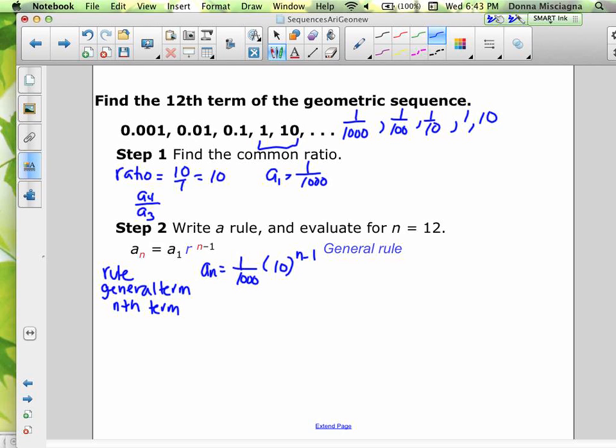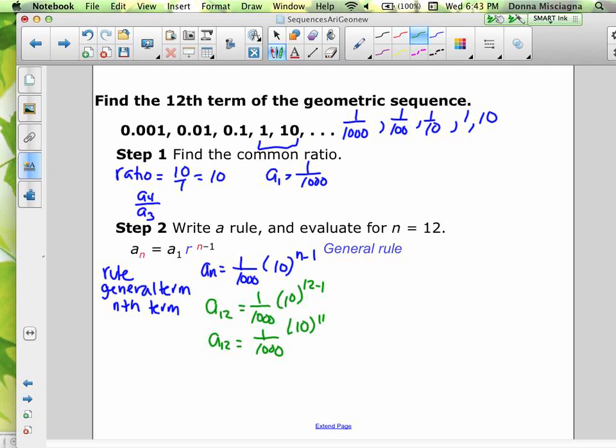So there's our rule. To evaluate, we're just going to plug in 12 for our n. So we have A12 equals 1/1,000 times 10 to the 12 minus 1 power. All right, so that's going to be 1/1,000 times 10 to the 11th power.